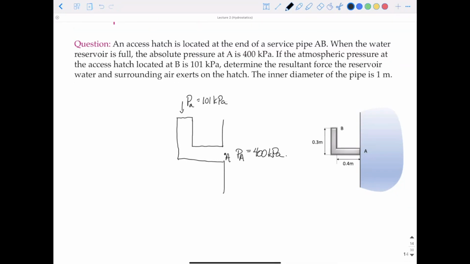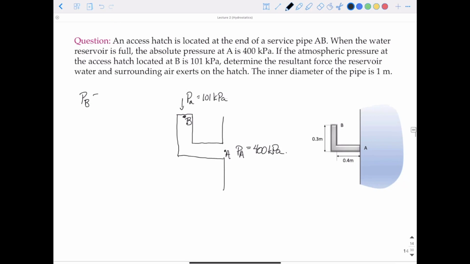So it's asking us to determine the resultant force the reservoir water and the surrounding air exerts on the hatch. So what we need to look for basically is if we solve for the pressure at B, the pressure that we solve for at B is going to be the absolute pressure.